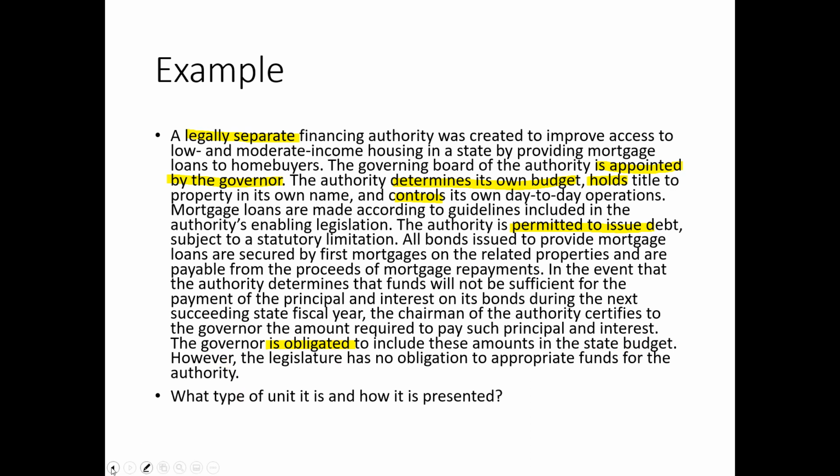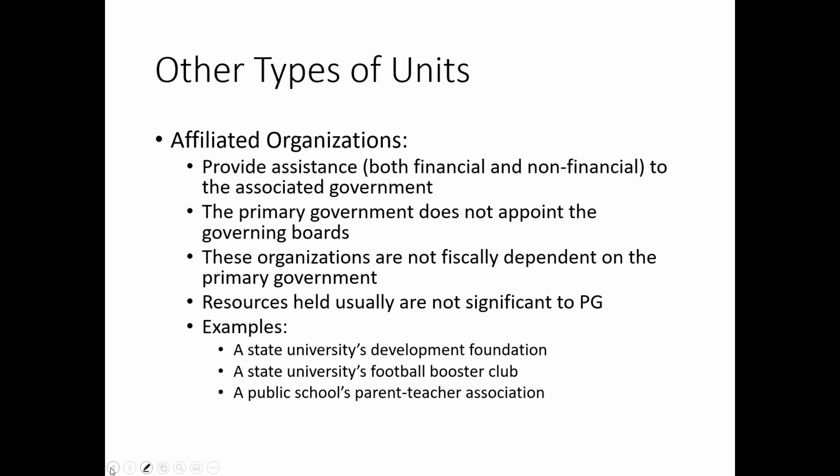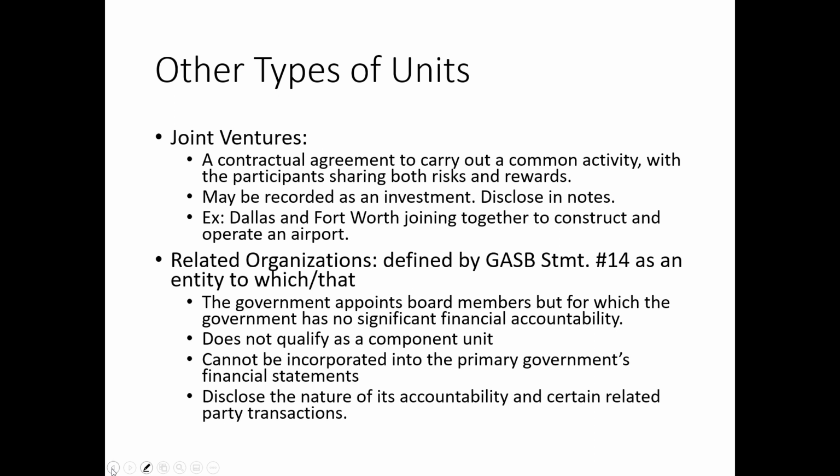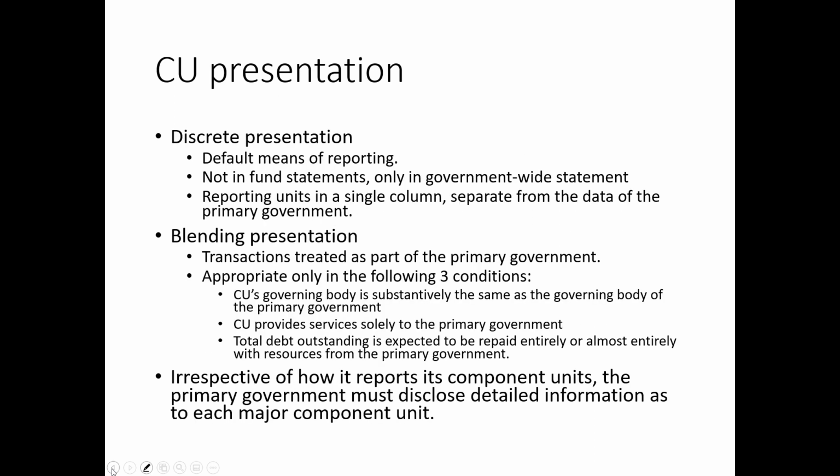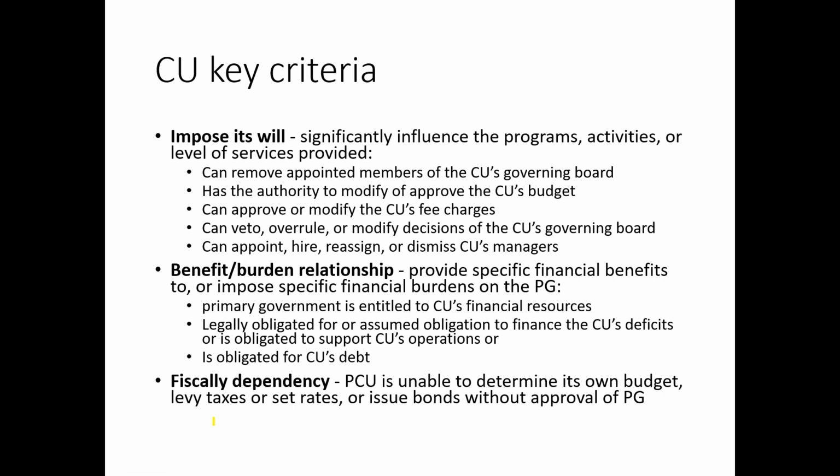What does it mean? If the authority cannot pay, then the state is going to pay for it, basically. So what is that? Right? Check the benefit burden relationship. A legally obligated or assumed obligation for the CU's deficits, is obligated for the CU's debt.